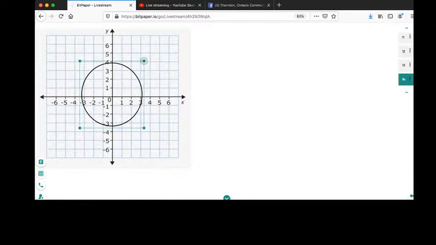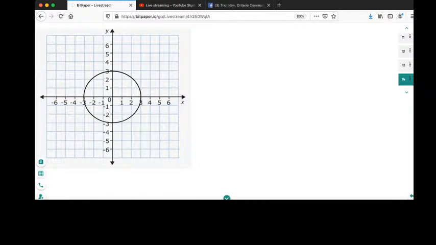I guess it's an oval without me even realizing it. Our brains trick us into thinking something's perfectly circular, when in fact it has more of an oval shape. Okay, there we go. I got it. So here's our circle.